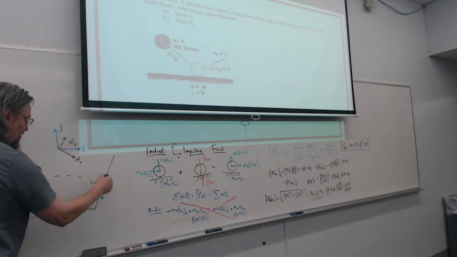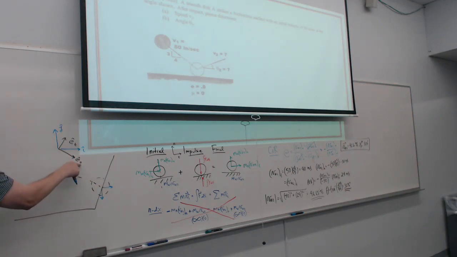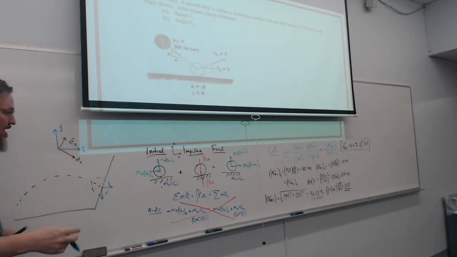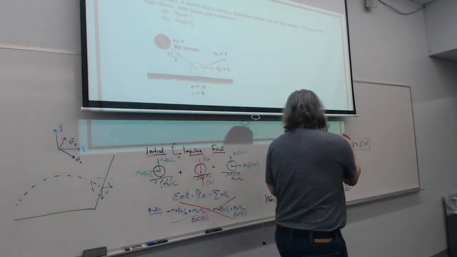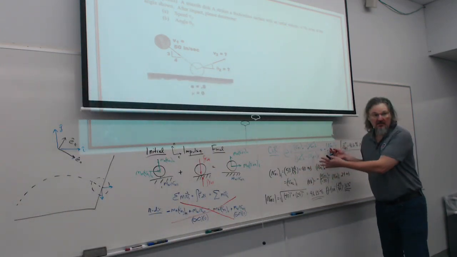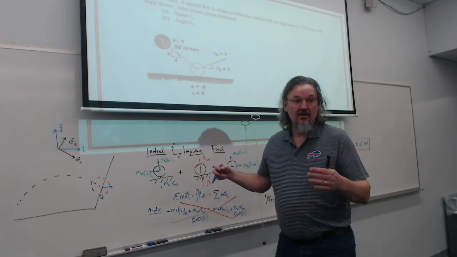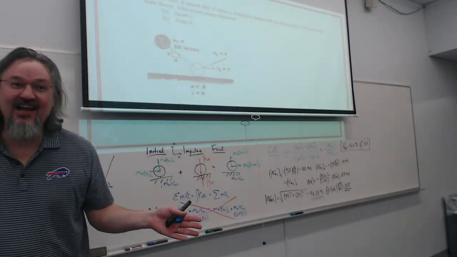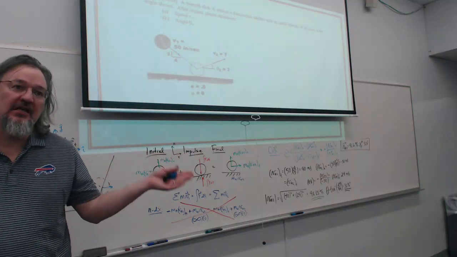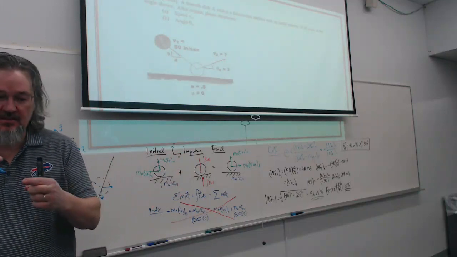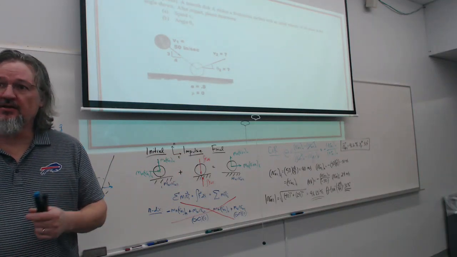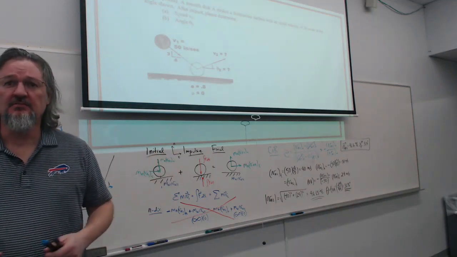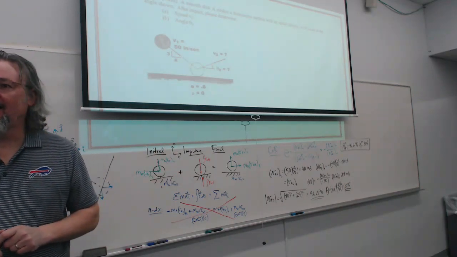So do the coordinate transformation, turn it into the N and the T, and then you're basically doing the same thing here for the N, and then coordinate transformation it back into I and J. If you just get used to it, it's not torture. And then you do another projectile motion off the thing.